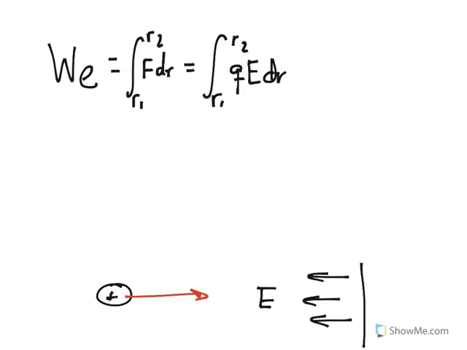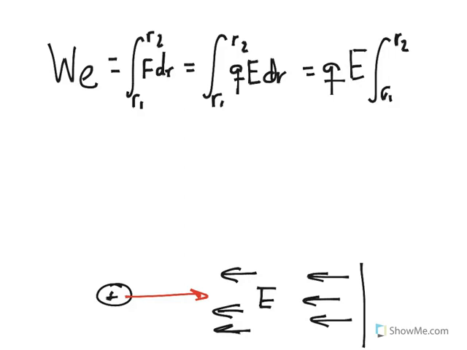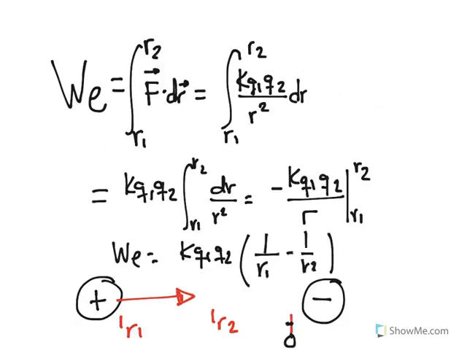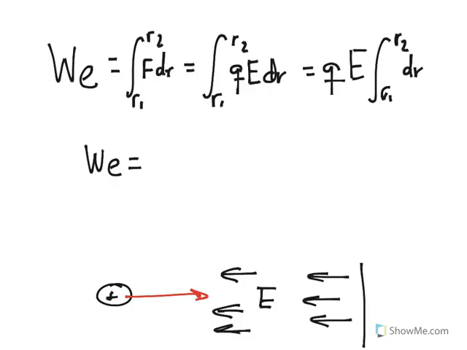Well, then what happens in this case? q can go out of the integral, and if the electric field is constant during the whole position, we can take out the electric field, and this is going to be the integral from r1 to r2 of dr. So the electric work for constant electric fields is going to be equal to qE times the change in position. So that's the work if I move this charge to this position.